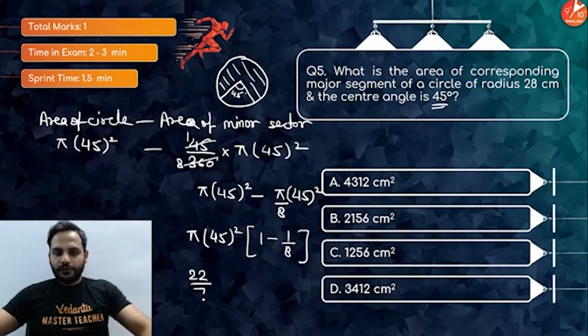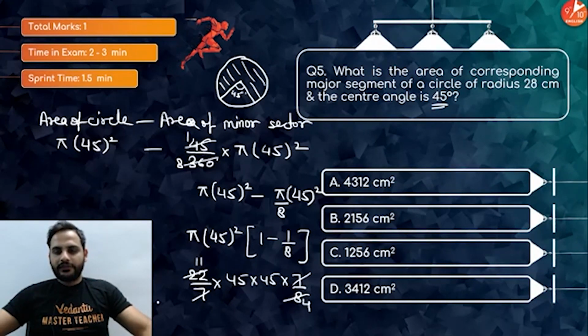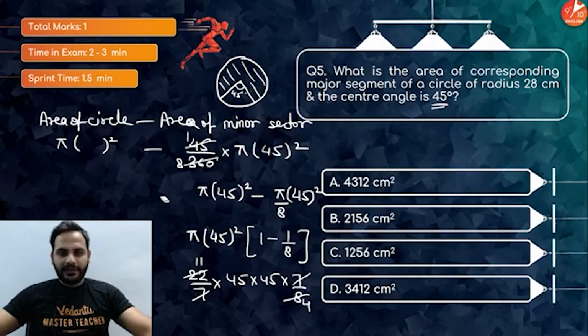So pi is 22 by 7 into 45 into 45, and here we have 7 upon 8. This 7 to 7 got cancelled. I can say this is 11 times, this is 4 times. Oh, why am I writing 45 here? My mistake. Instead of radius I'm using the angle. Sorry, I didn't read the question carefully.